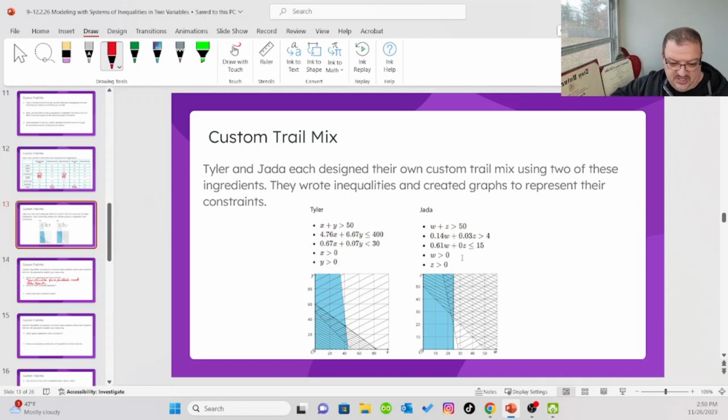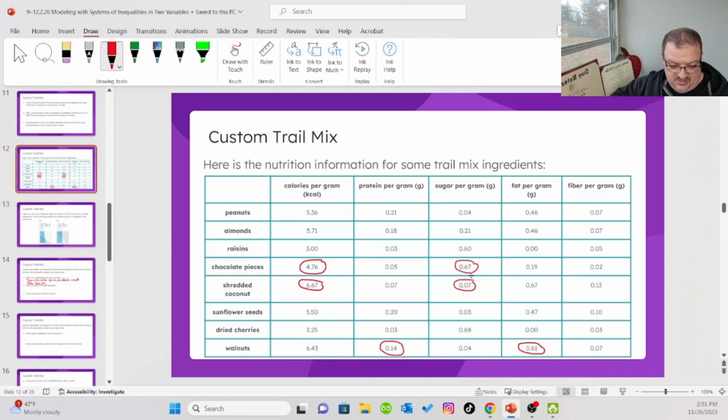And we see a combination of 0.03 and 0. And that has two possibilities. That could be raisins, or that could be dried cherries.